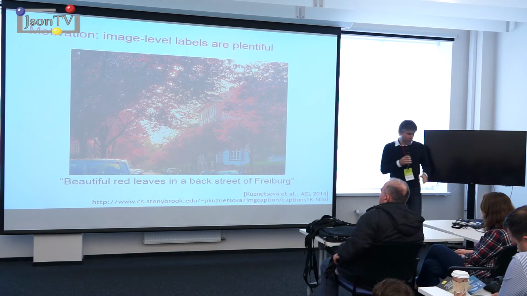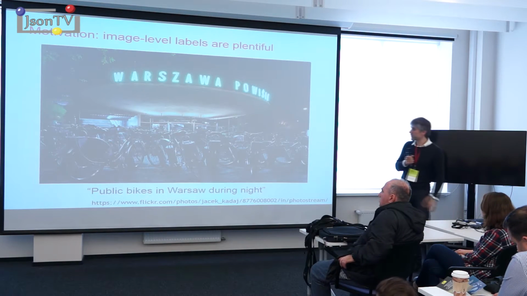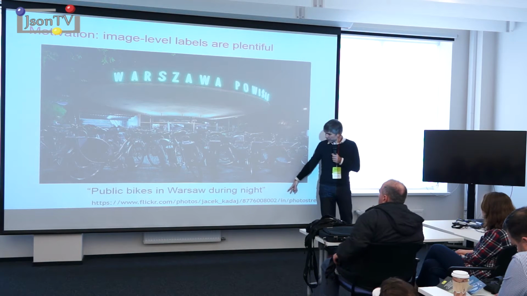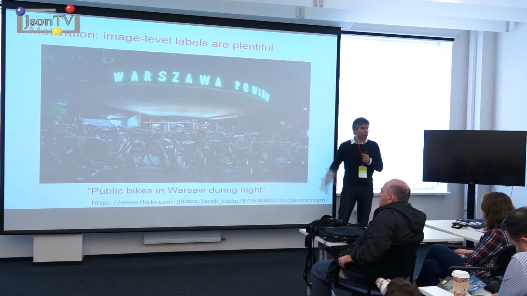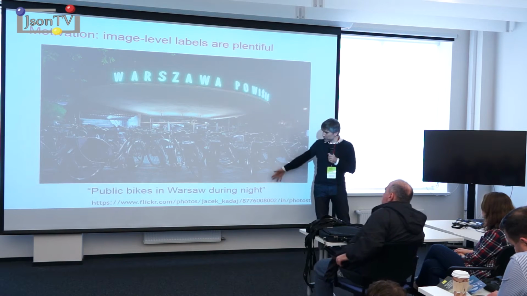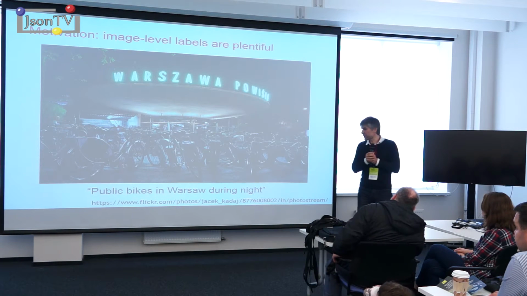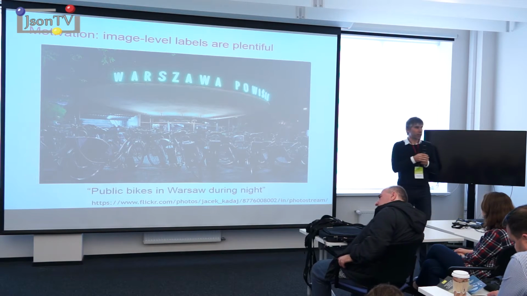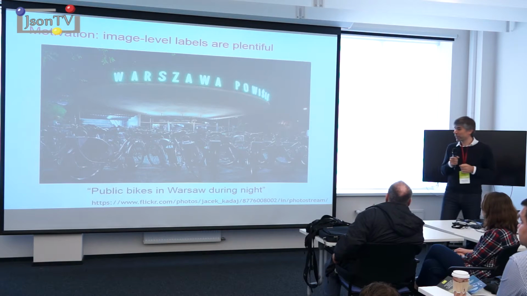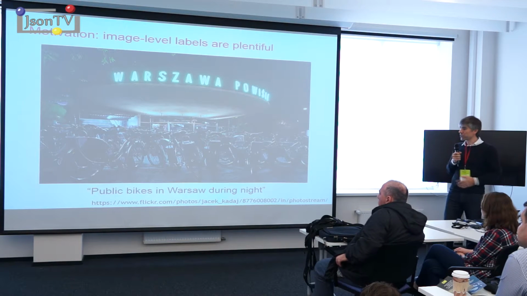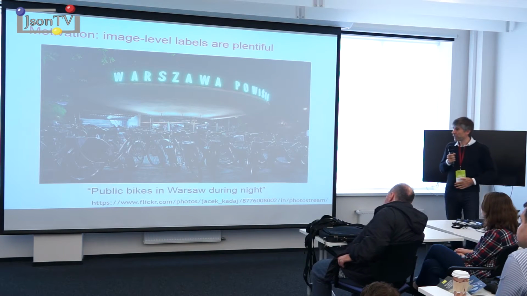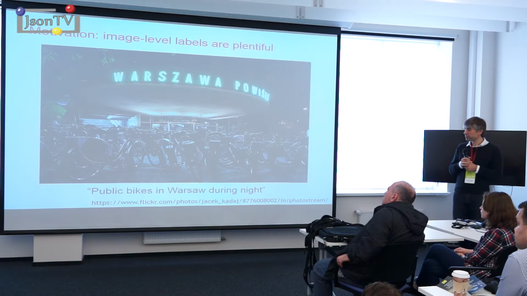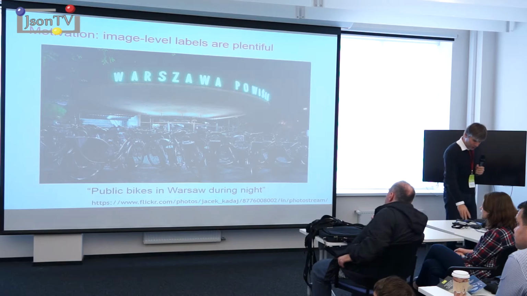Because if you are given images like this, somebody was nice enough to annotate them, not for a computer vision task, but for some other purpose, putting some sentence describing this image. So from this sentence we can distill the information that bicycles should be there. So the network can be trained from this textual supervision and images to really build the concept of what a bicycle is. So that will be the first part of the talk.